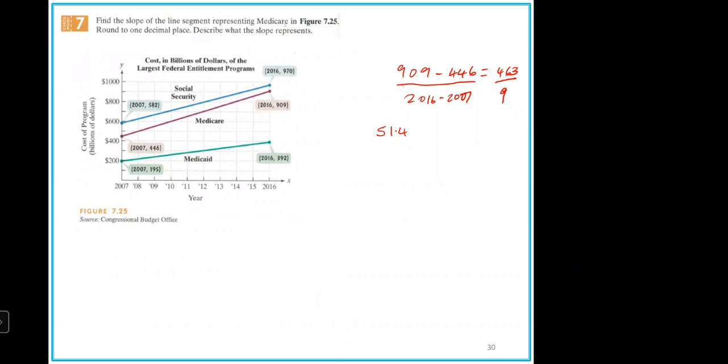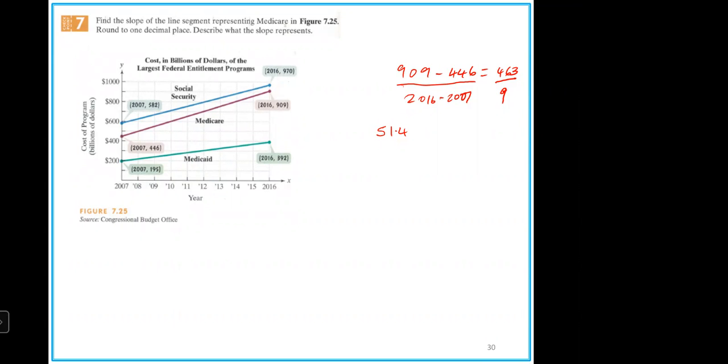What's your slope? The answer you got just now when you work out the slope, what's that? 51.4. So it means then that the cost of Medicare is going up by $51.4 billion each year between 2007 and 2016.